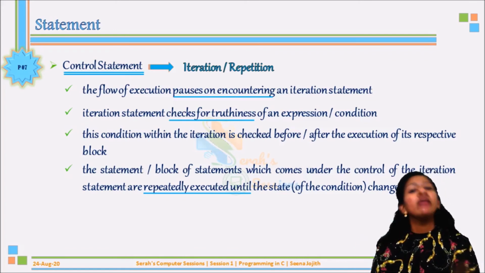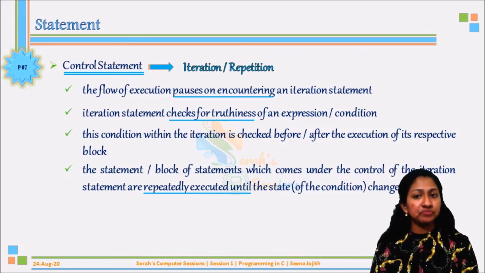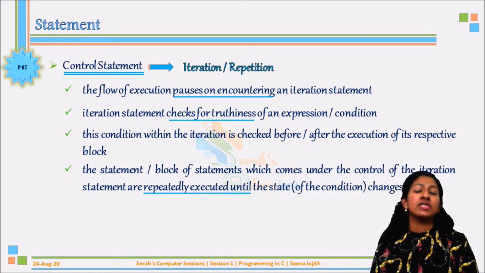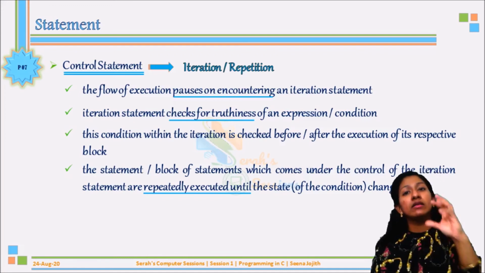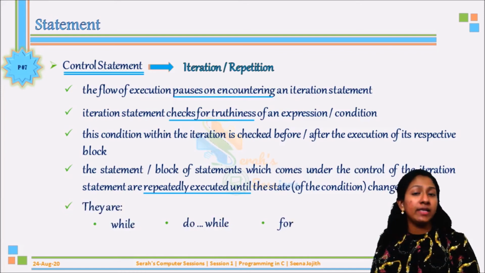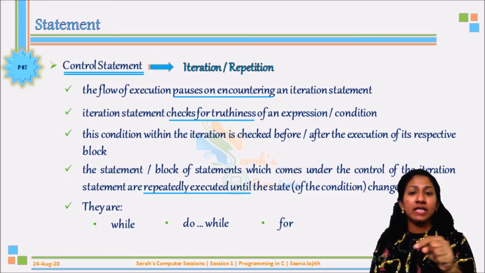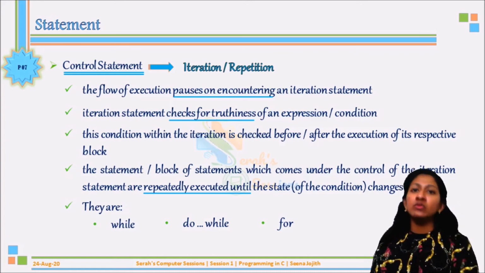Just understand that a condition will be checked here also, and depending upon the condition, a statement or block of statements which comes under the control of the iteration statement is repeatedly executed, until the condition changes. The examples are while, do while, and for. The point where I explained that the condition will be checked after the execution comes along with do while. When I teach do while in detail, I will explain how that happens.